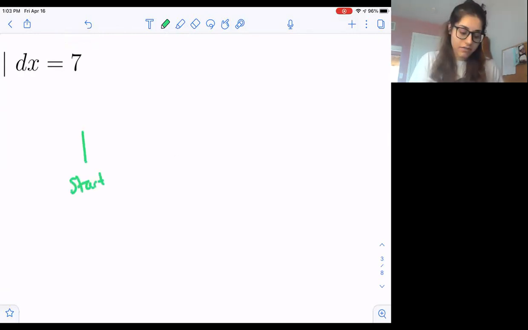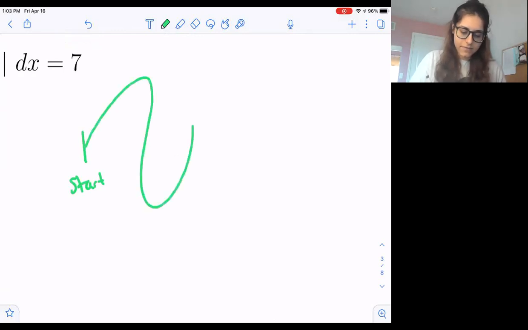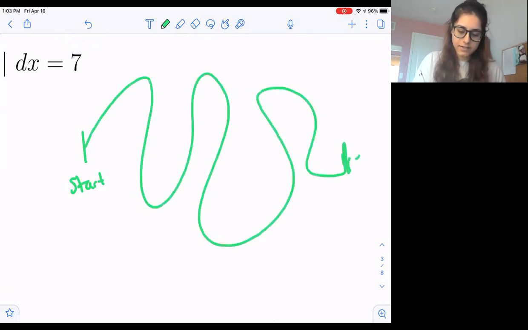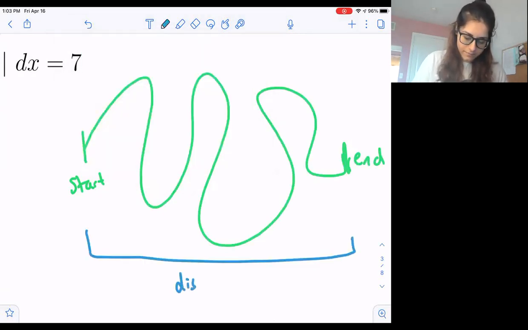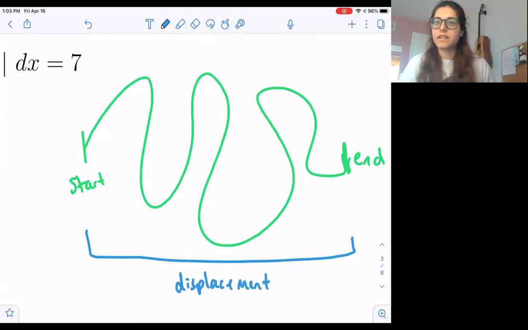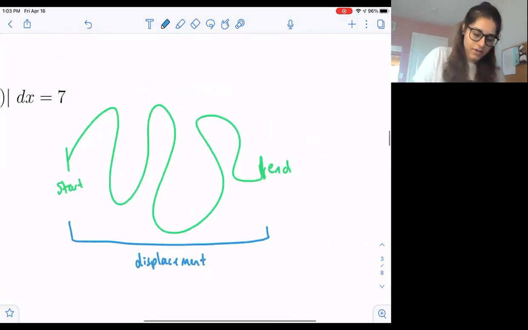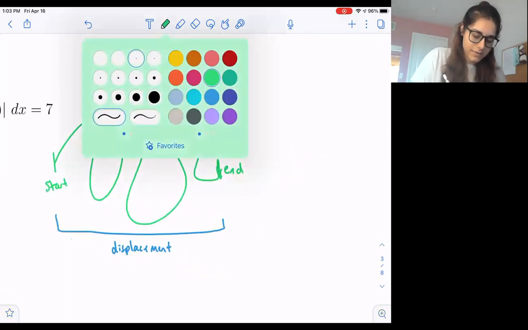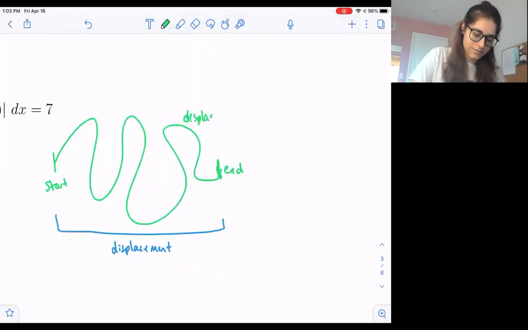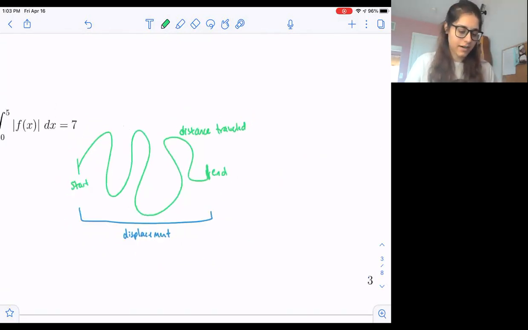Your distance traveled could be like this to get to the end, but your displacement is only this much. That's a concept you have to realize, that distance traveled doesn't always equal displacement. So it's the same concept here.